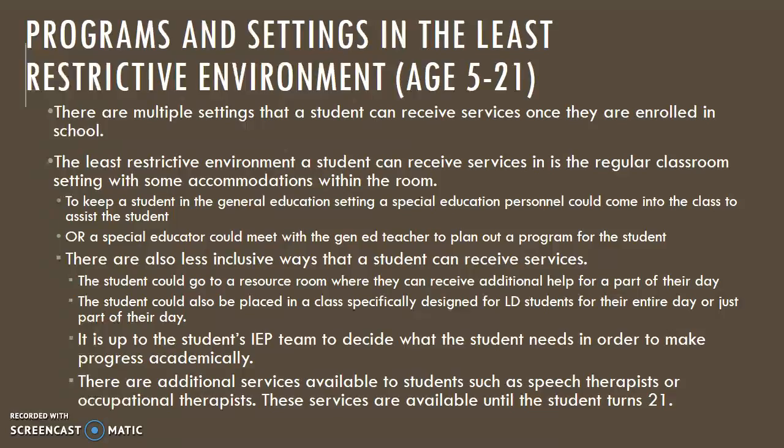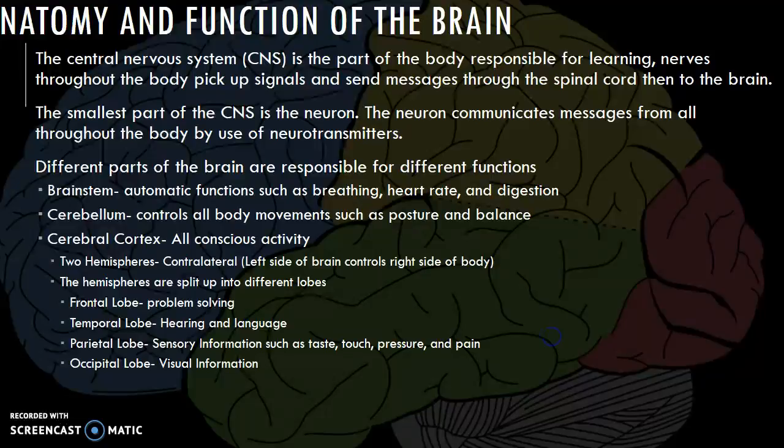It's up to the student's IEP team to decide what the student needs in order to make progress academically. There are additional services available to students, such as speech therapists or occupational therapists. These services are determined by the IEP team, and they're available until the student turns 21.